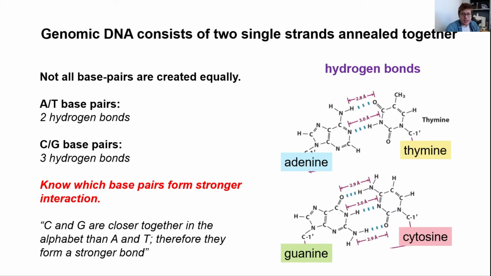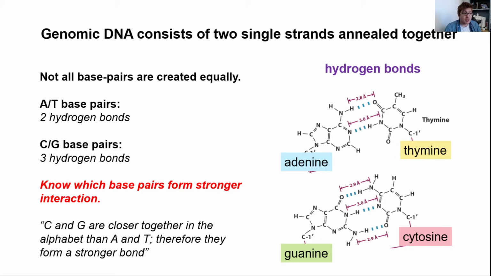And when you're thinking about the stability, this is one of those things where it's important to remember that not all of the base pairs in your double-stranded DNA are created equally. That is, you might recall from when we were learning to draw out the bases and the nucleotides and drawing these Watson-Crick-Franklin base pairs, we noted that AT base pairs form 2 hydrogen bonds, whereas CG base pairs form 3 hydrogen bonds.